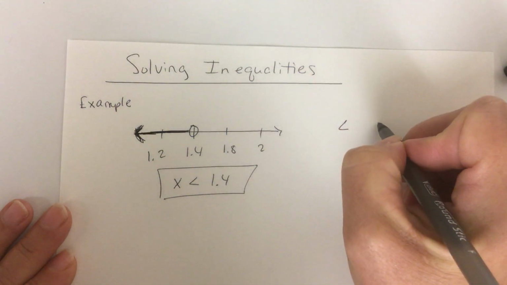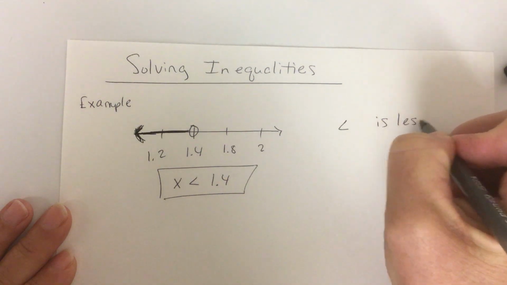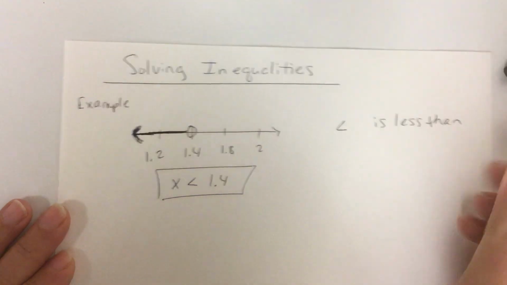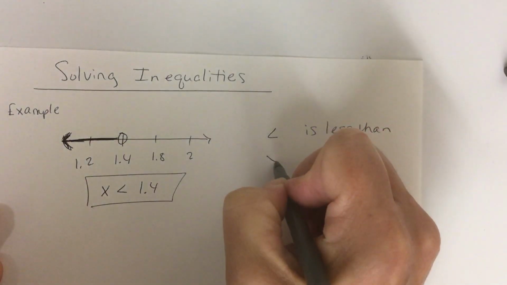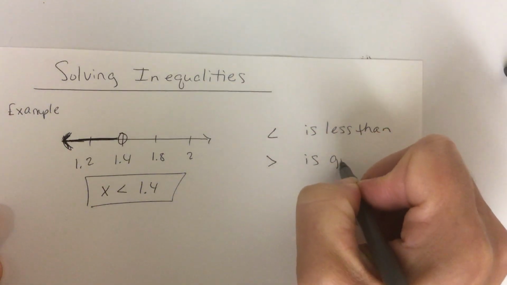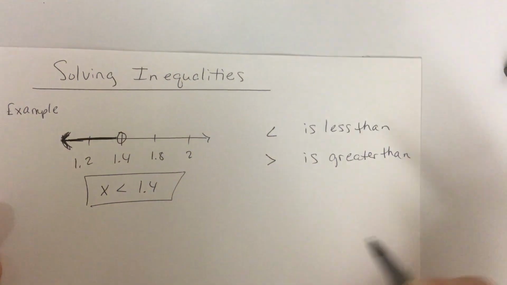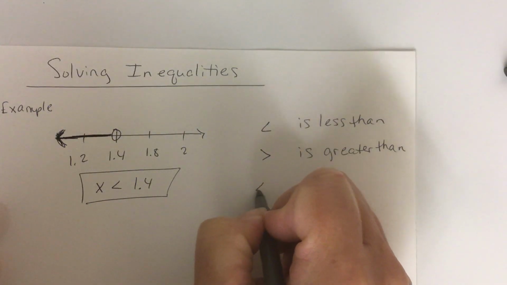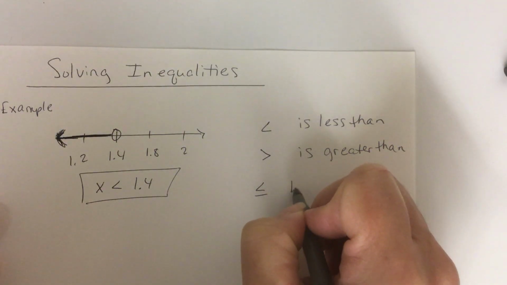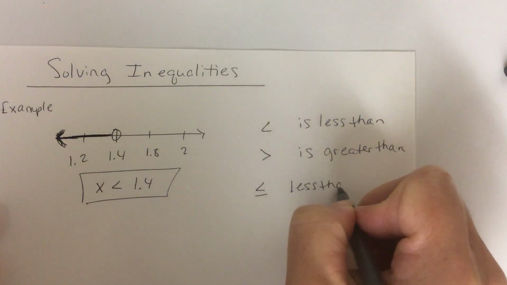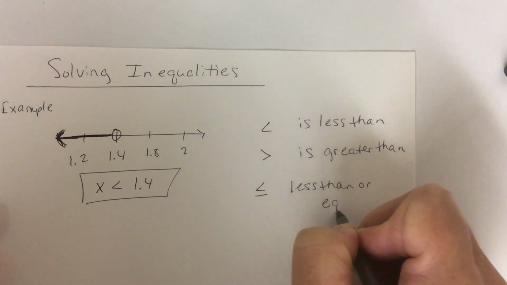So let's talk about these signs. This means is less than. Okay. This means is greater than. If you have a line underneath it, that means is less than or equal to.